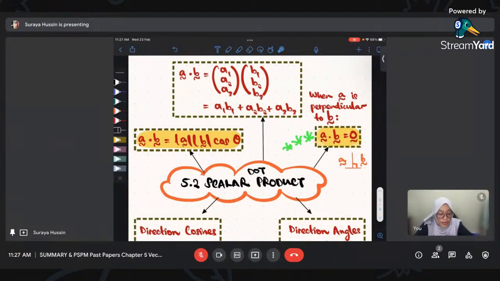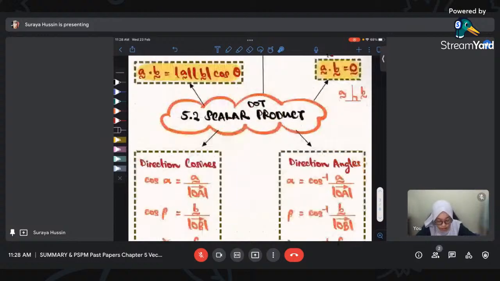Jadi kena hafal, tapi sebenarnya dia berkait dengan formula scalar product ataupun formula dot product. So it's important. Two of this is very important.